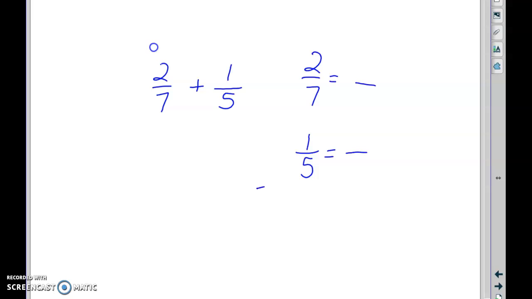It was a while ago. What number do 7 and 5 both go into? Grab your planner. On page 139, there's a multiplication chart, or if you have a multiplication card of some kind, go through your 7s and 5s and figure out what number it is. I'll pause for a minute. You figure out what the common denominator is.